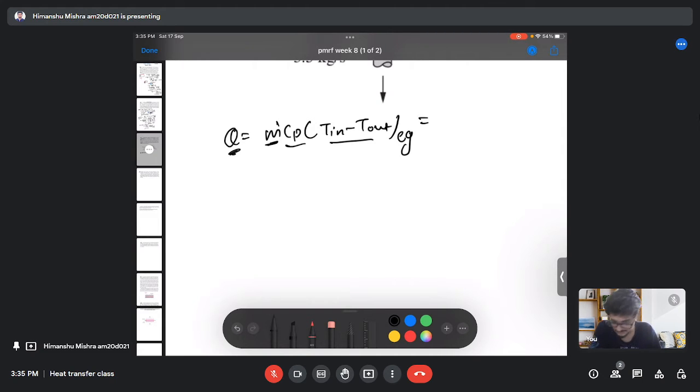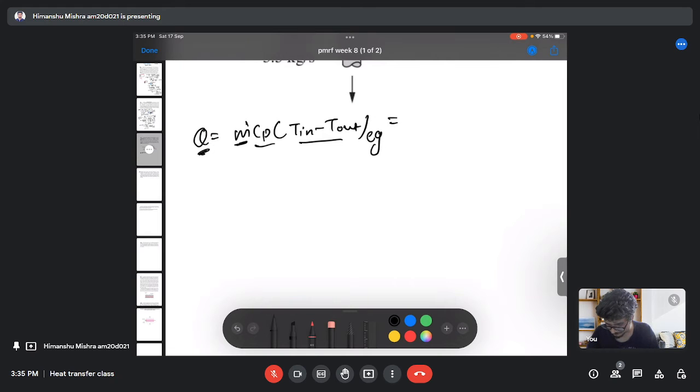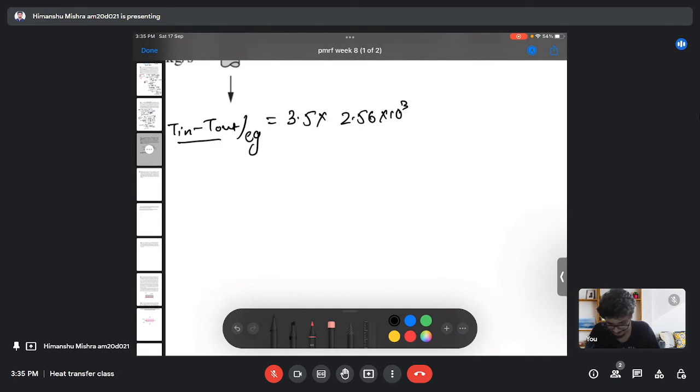The mass flow rate is 3.5 kg per second, the heat capacity is 2.56 times 10 to the power 3, times the temperature difference, T minus 40. And my Q will then be 358.4 kilowatt.